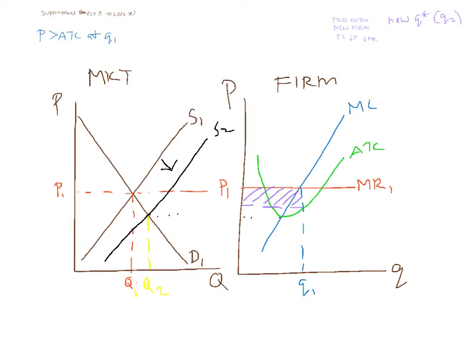Q2, that was Q1. P2, fall in price, rise in quantity. Price is a firm is a price taker, takes the P2. New marginal revenue curve.